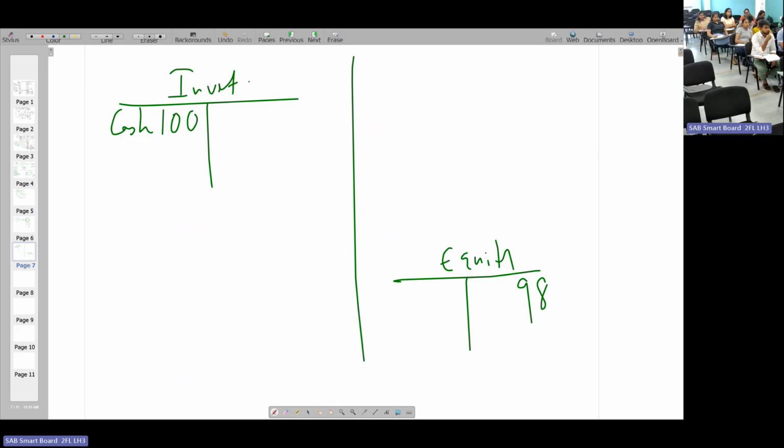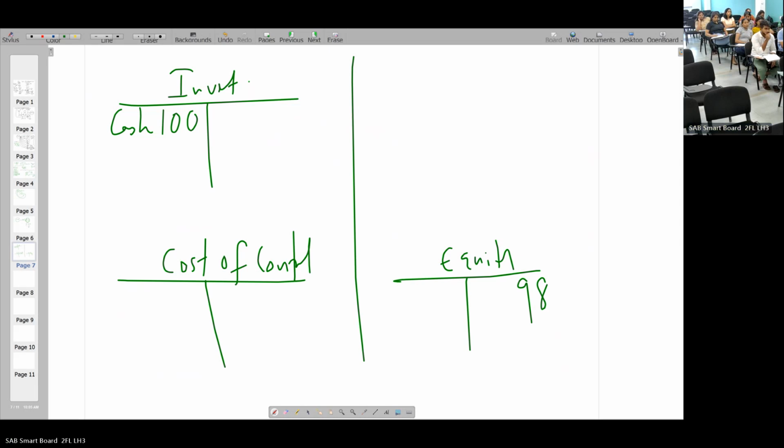Now, in consolidation, what should we do? We can prepare a cost of control account. What is the purpose of this cost of control account? To calculate either goodwill or gain on bargain purchase.